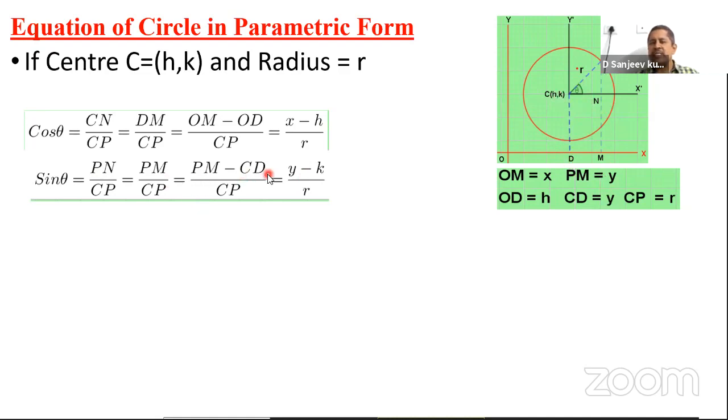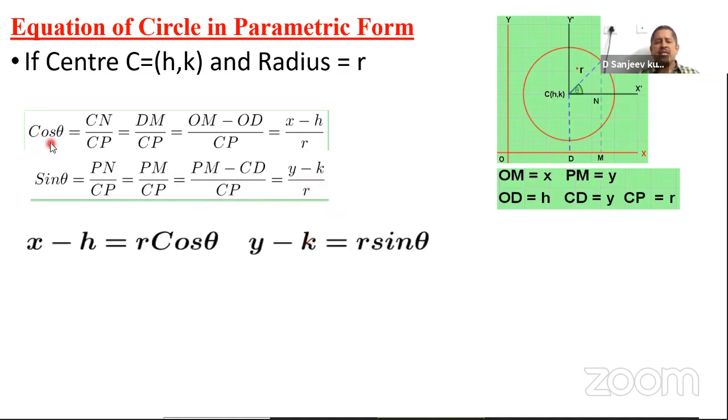So Pm minus Cd divided by Cp. So you can say that the Pm value is Y and the Cd value is K, divided by R. So Y minus K divided by R. So the value of cos theta is given as X minus H by R, and the value of sin theta is given as Y minus K by R.